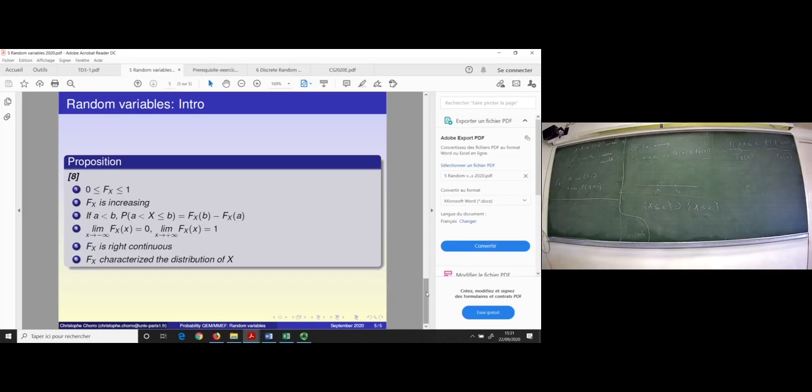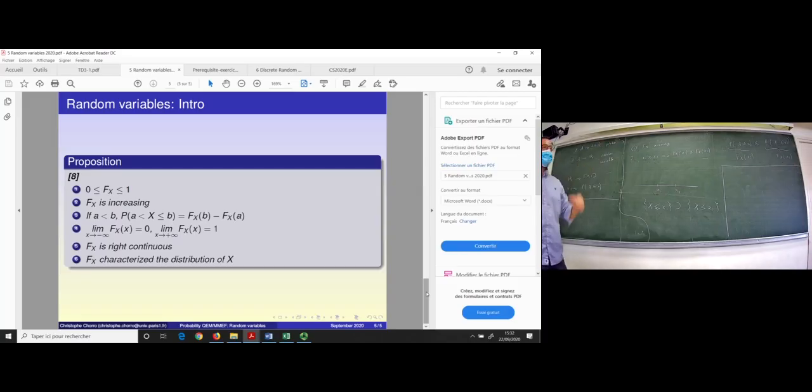Just coming back from the definition. Are you okay with this one? Just use the fact that if A is included in B, P(A) is less than P(B), and I use the definition of the distribution function.